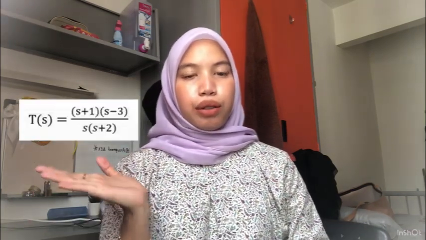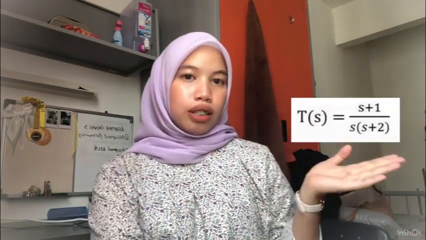Fourthly, simple zeros. The term in the numerator needs to equal 0 in order to reach the zeros, which are the equation's roots. These are for simple zeros. In order to get the zeros, we use this equation.